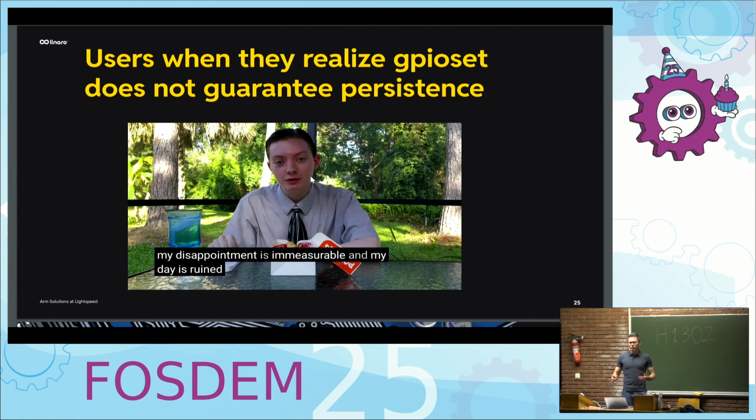Because anyone can grab it, or even the driver can implement some default state to which the line reverts, and people naturally, instinctively assumed that GPIO set this GPIO to active will make it stay that way, but that's not the case.